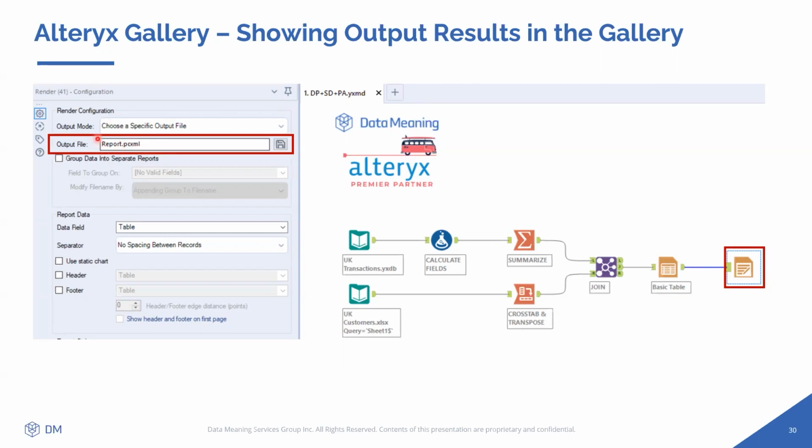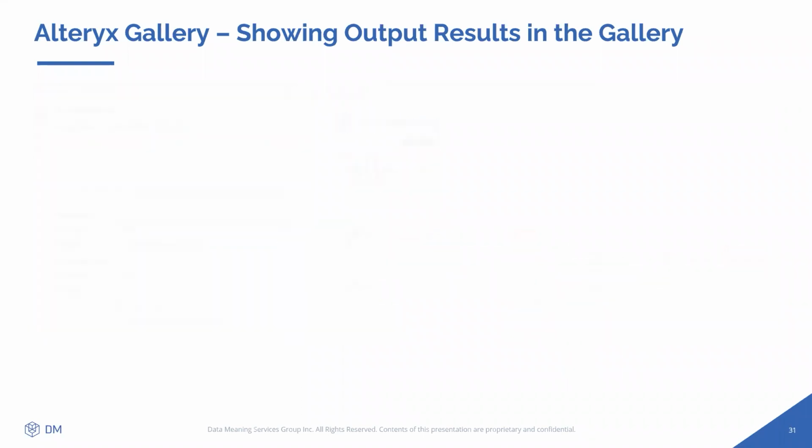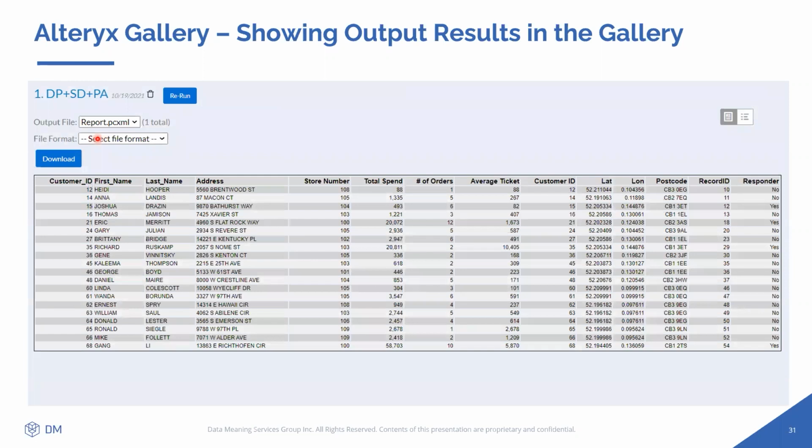Of course, here you can save as a PDF, HTML, or Word file, but those the user will be able to download, but won't be able to see in the gallery. And that actually looks like this.